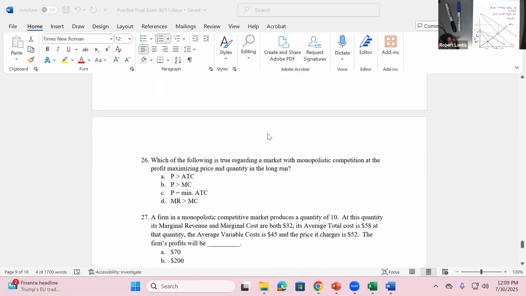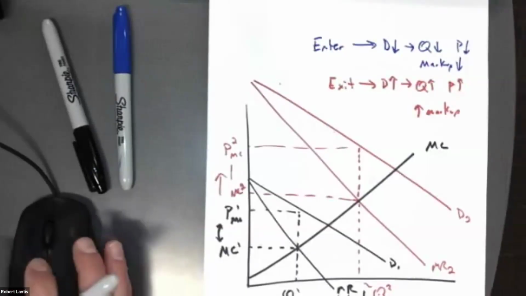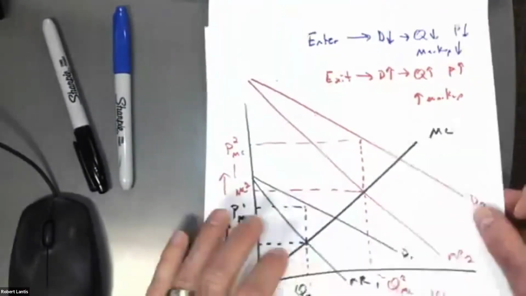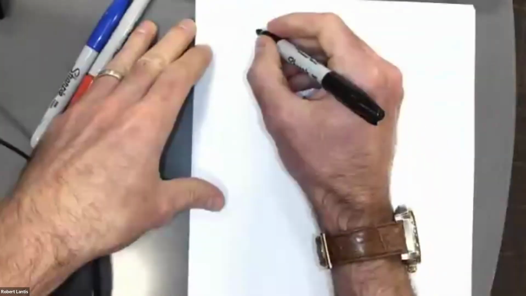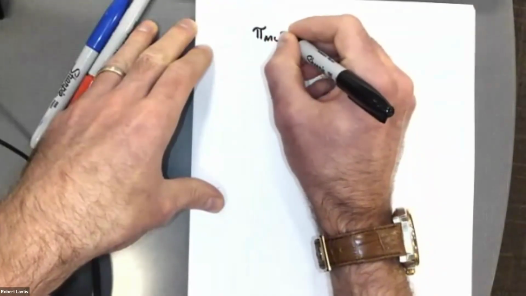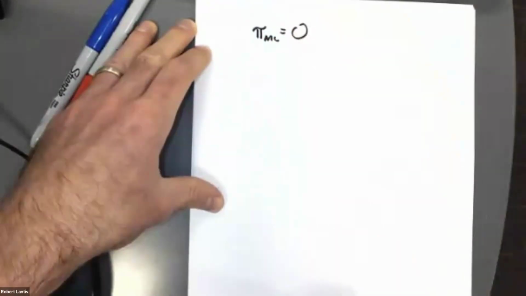So which of the following will be true about a monopolistically competitive firm when they're in the long run? If I'm trying to draw this out for myself, I should be thinking about one key factor: in the long run, my monopolistically competitive profits are 0.